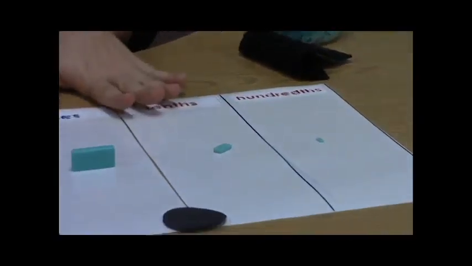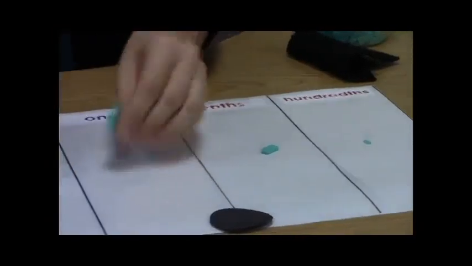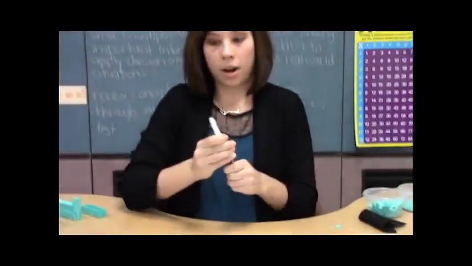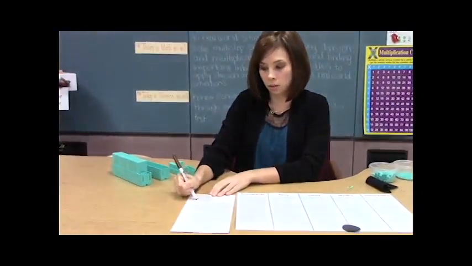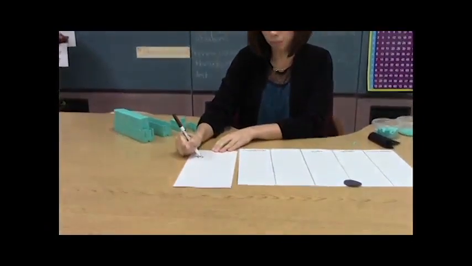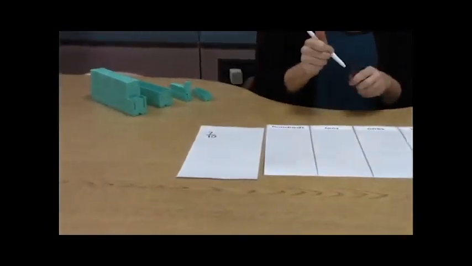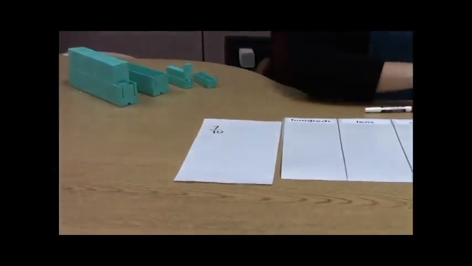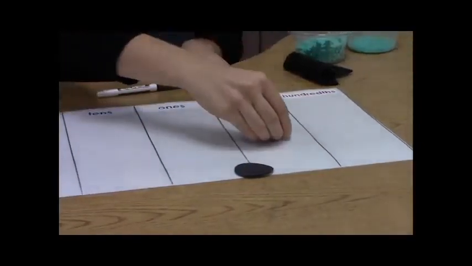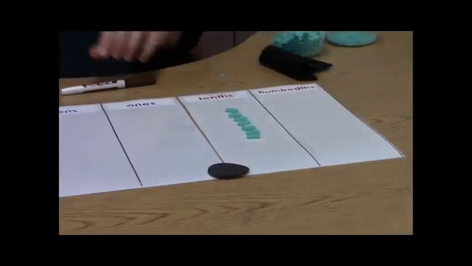Let's use our DigiBlocks to represent some decimals. Let me clear my board. Let's start with the fraction 7/10. I can represent 7/10 using 7 tenths.